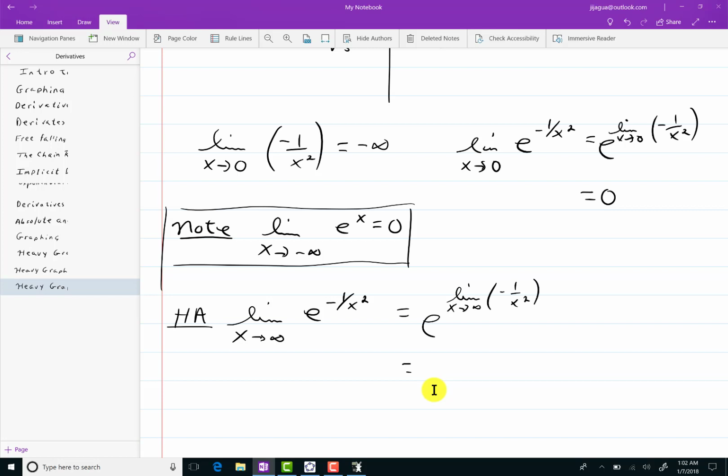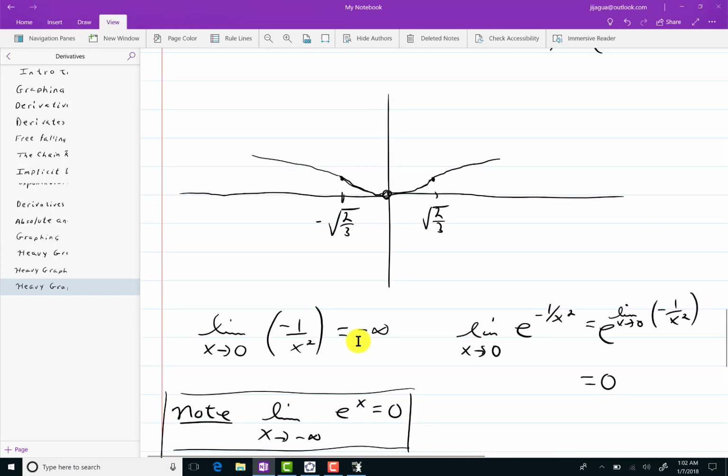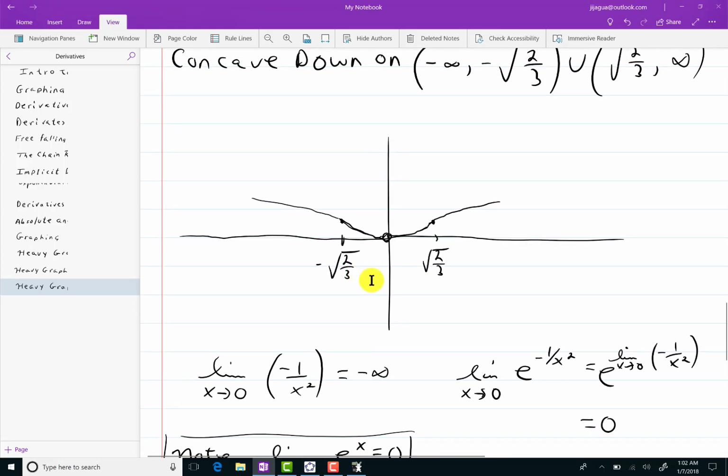That equals e to the 0, which equals 1. Since it's an even function, you're going to get the same thing if you throw in negative infinity. So I'm going to have a horizontal asymptote then of y equals 1.